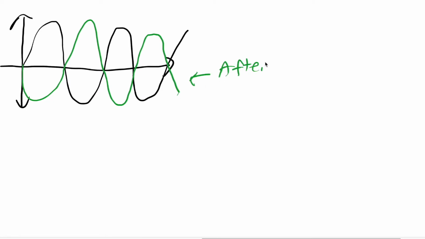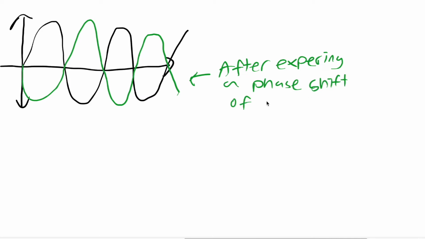After experiencing a phase shift of pi, in order to cancel this reflection, we will need to experience another phase shift that goes back to this black wave right over here, right?